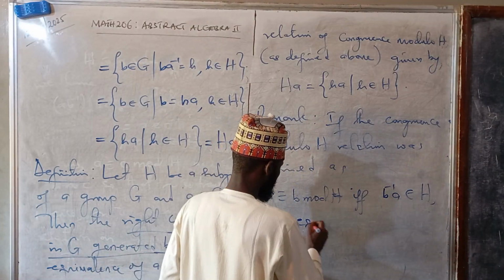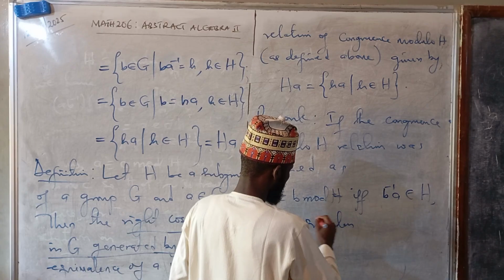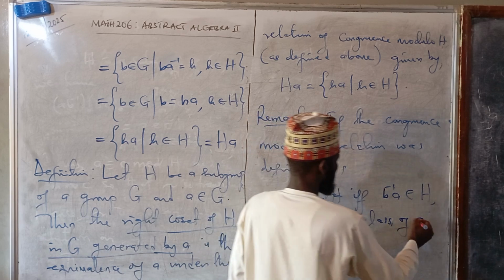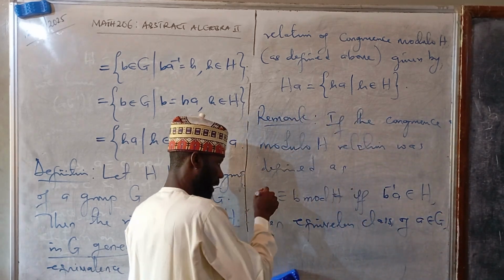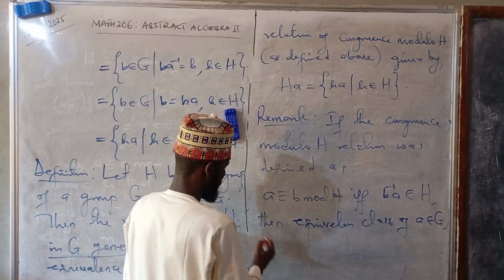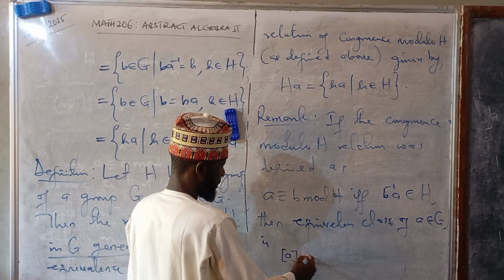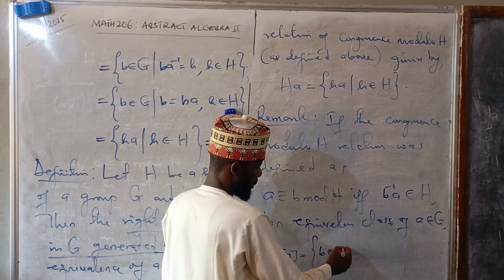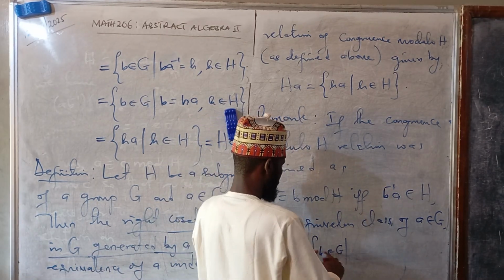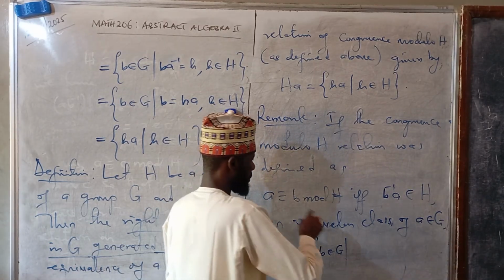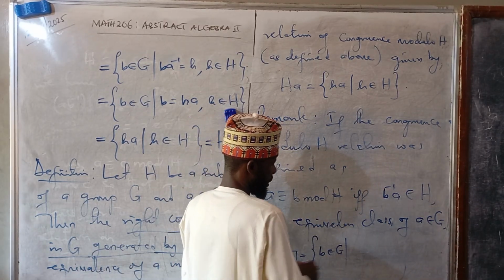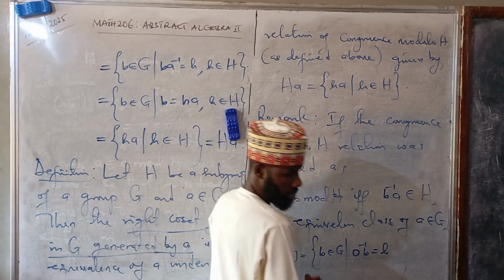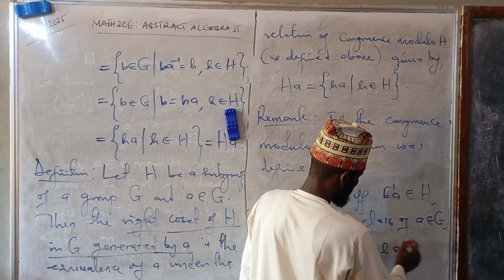Then the equivalence class of A in G under this particular relation is now the set of all B in G such that B is congruent to A modulo H, and that would be what? A inverse B in H, which means you are saying this is equal to some h in H.